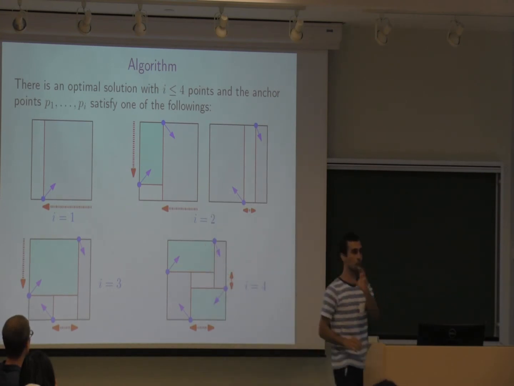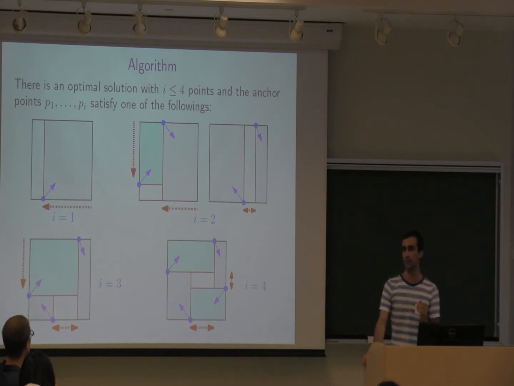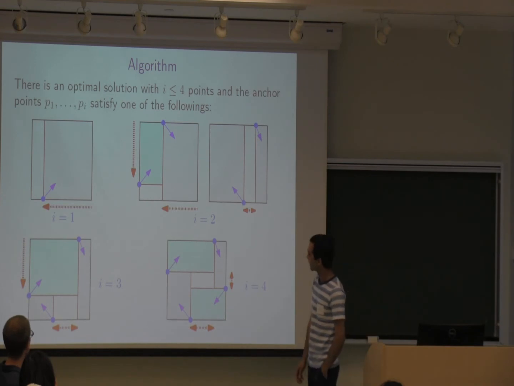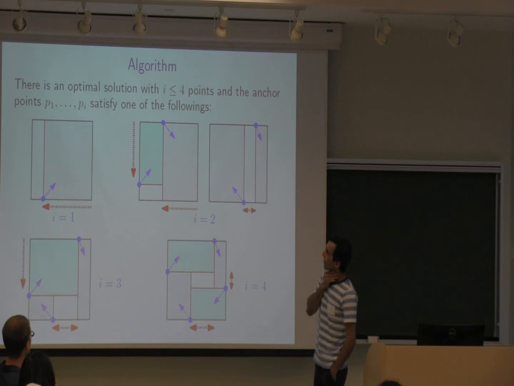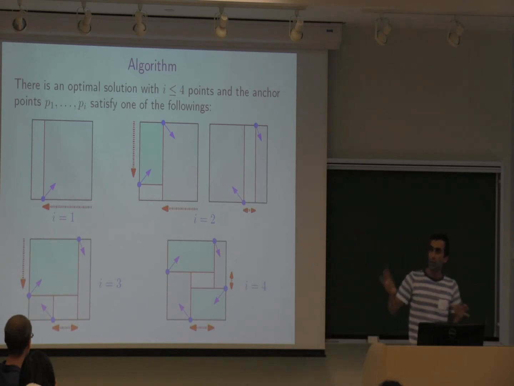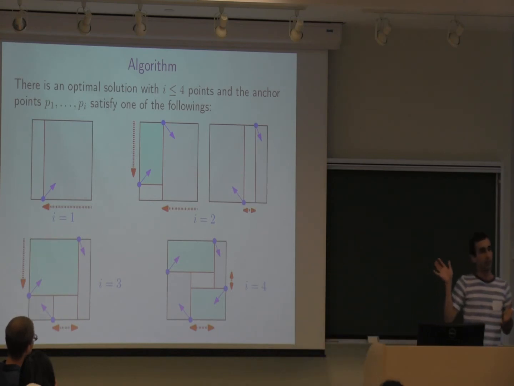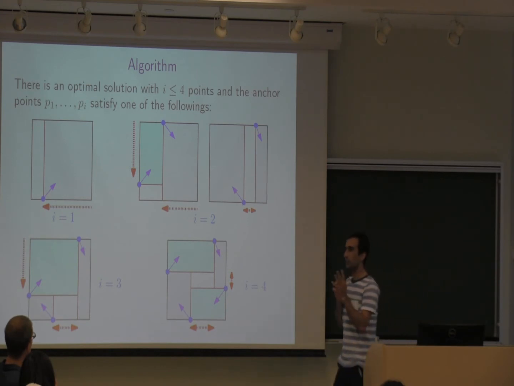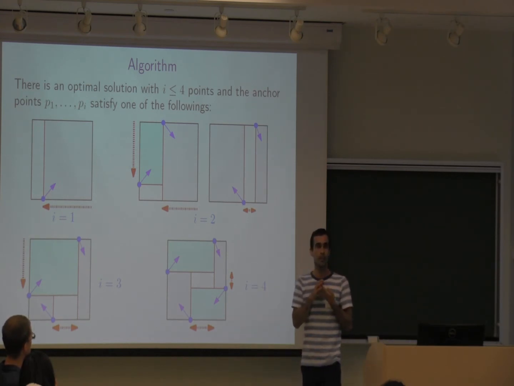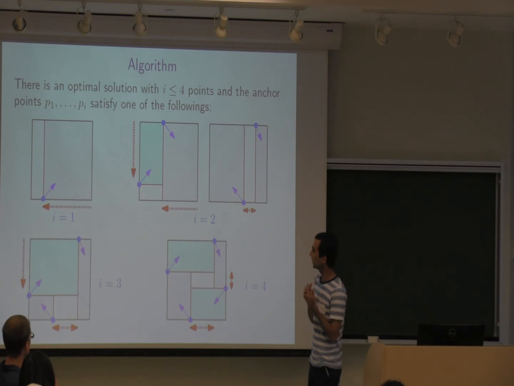So we don't need to go through all the square cells to find the smallest one. This illustrates the algorithm. It basically says that no matter how many points we have on the boundary, we can restrict our attention to at most 4 of them.